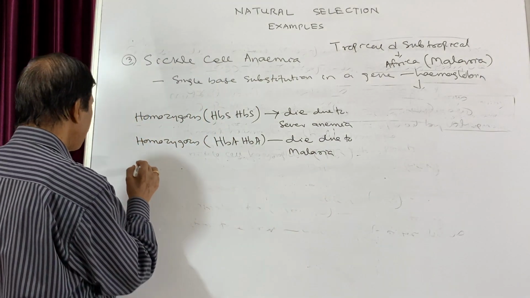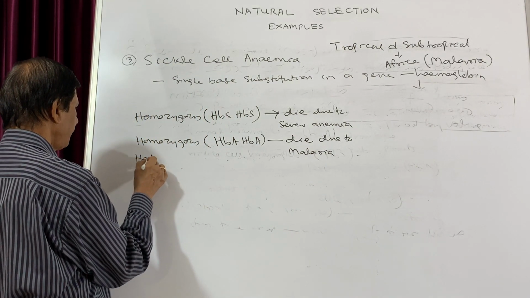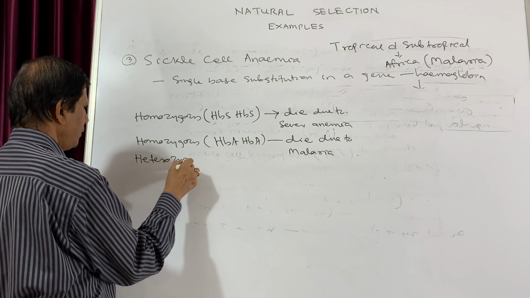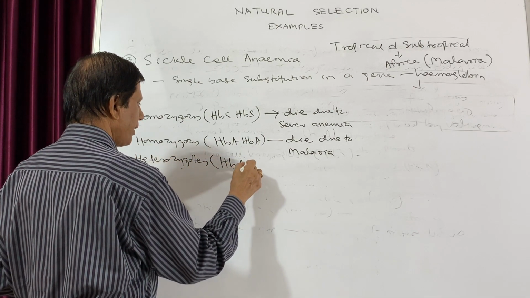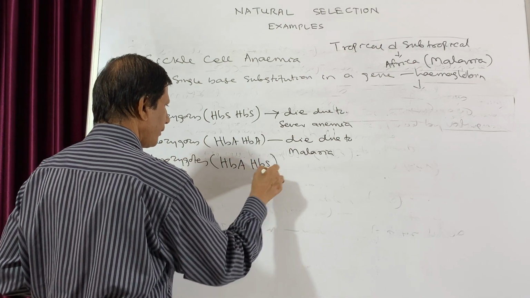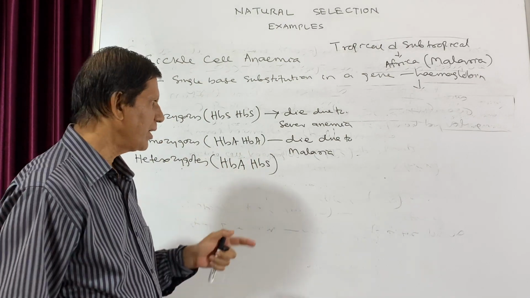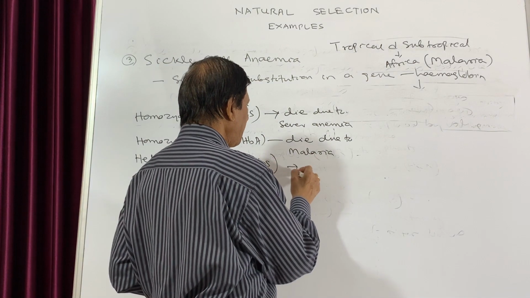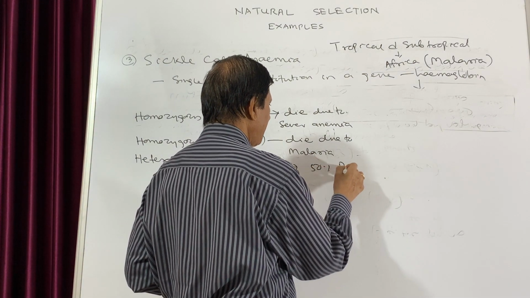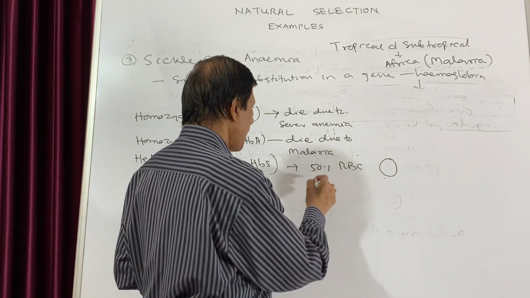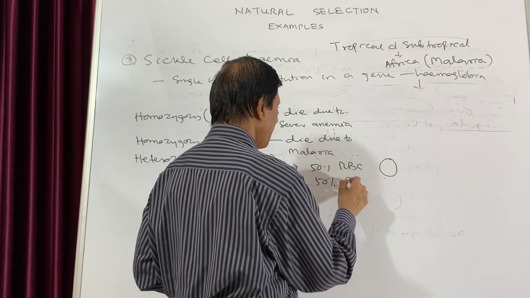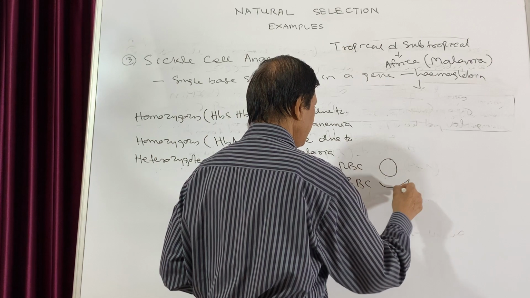Now those who are heterozygotes for the hemoglobin, what will happen to them? Now 50% of RBCs are normal round biconcave, and the other 50% of RBCs are sickle shaped.